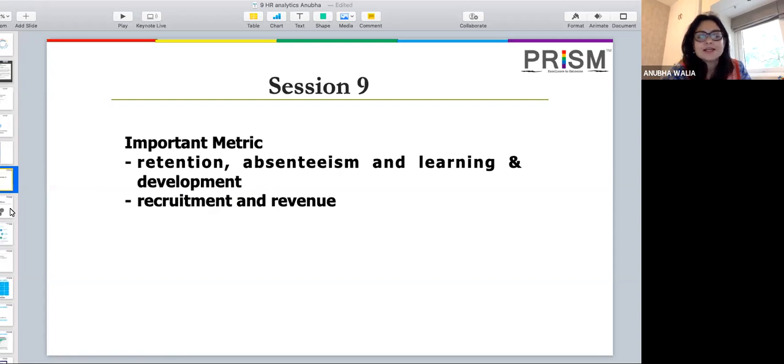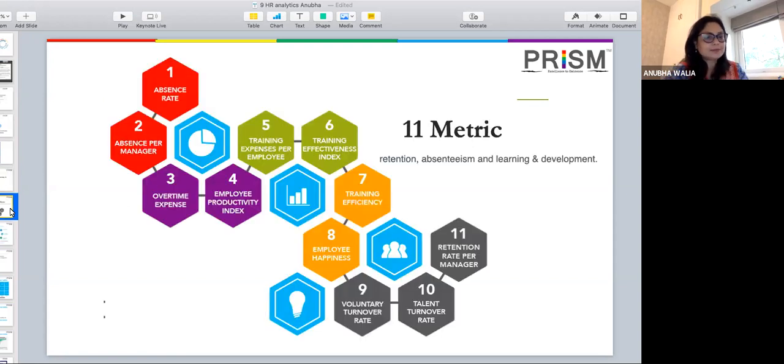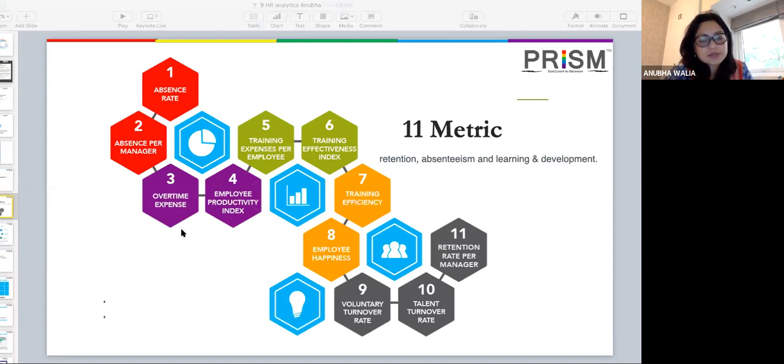Okay, so let's start. I'm going to start with the very important element, which are the metrics that are a very fundamental part of HR. There are 11 metrics which I'm going to highlight. This one will focus on the retention, absenteeism and L&D aspect, which you can use.